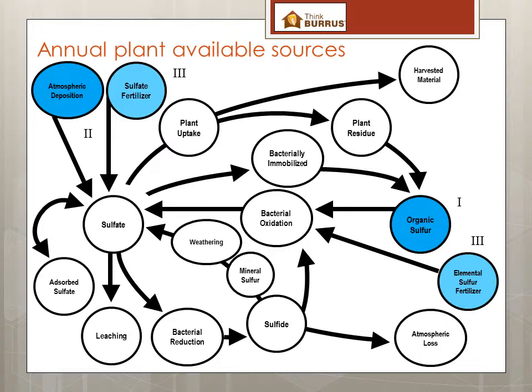That actually supplies most of the sulfur that we need for that plant. Then we have atmospheric deposition as a big second source of sulfur, and then we have our fertilizer amendment that we put into the soil to kind of augment the sulfur situation for us.